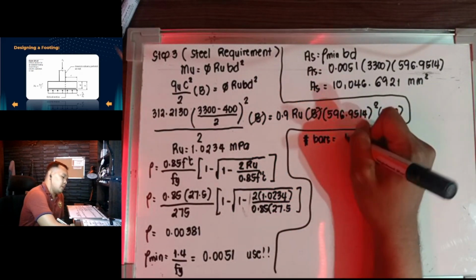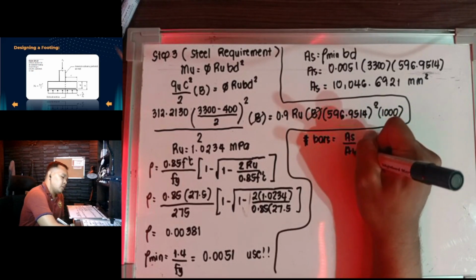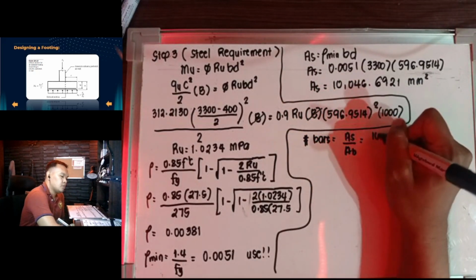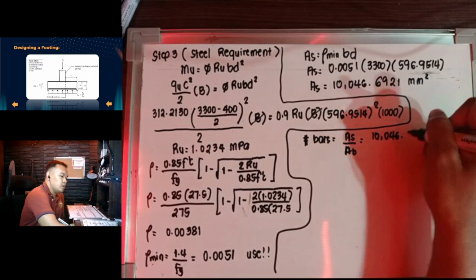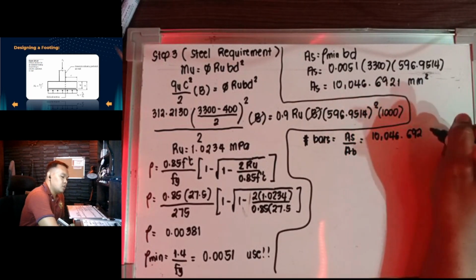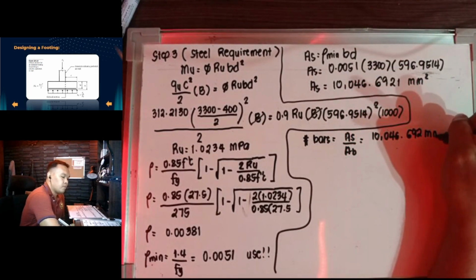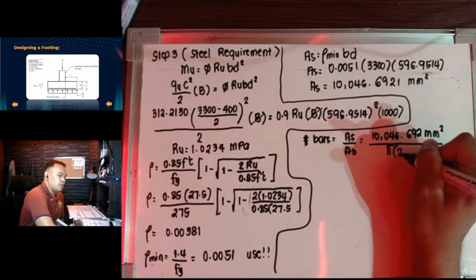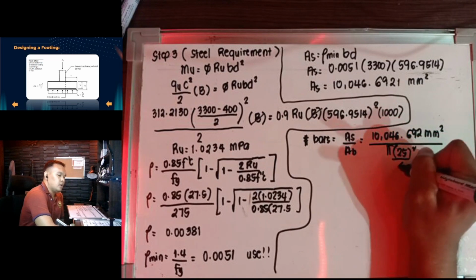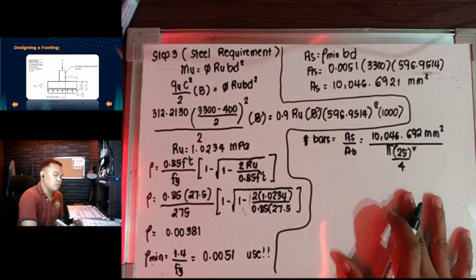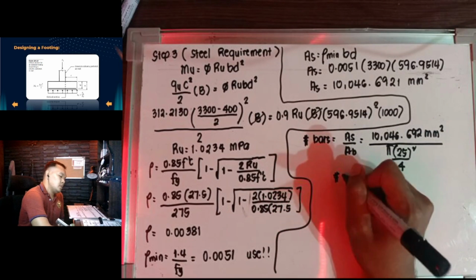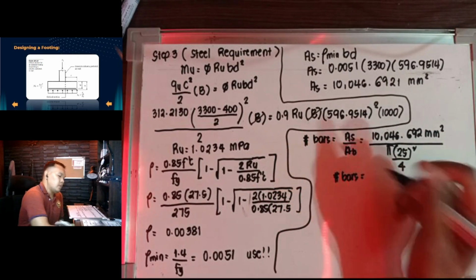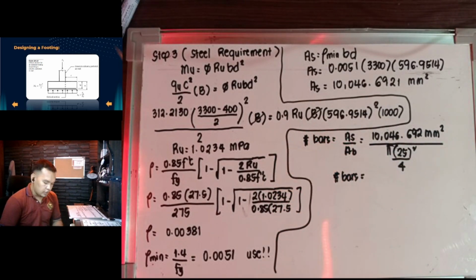Okay? To get the number of bars, it is AS over the area of a bar. So we have AS, which is 10,046.692 mm squared, divided by pi times 25 squared over 4 to get the area of the bar.